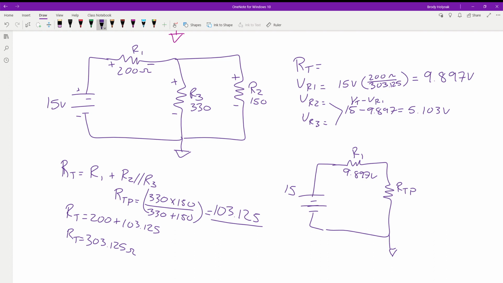Questions or concerns about how to get that voltage? Okay. So now we have both of these.